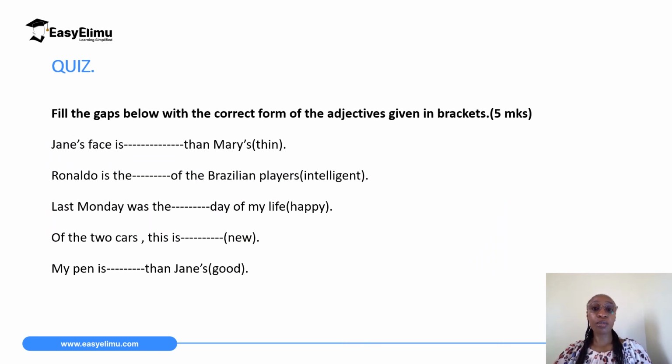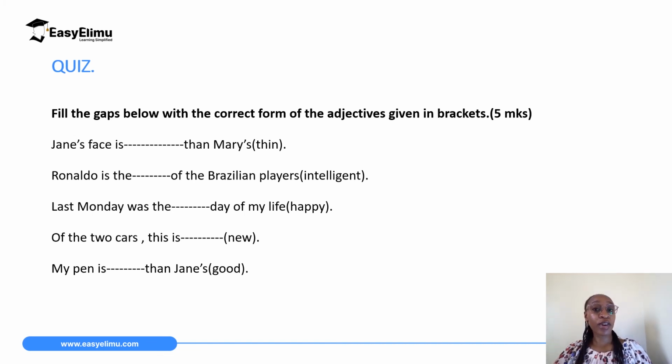I hope you're now able to define what an adjective is, give a few examples of adjectives, and compare them in the simple, the comparative and the superlative. You have taken note of some of the spelling changes that happen, and also you know some of the adjectives that take more and most and the exceptions that don't take more and most and don't take er and est.